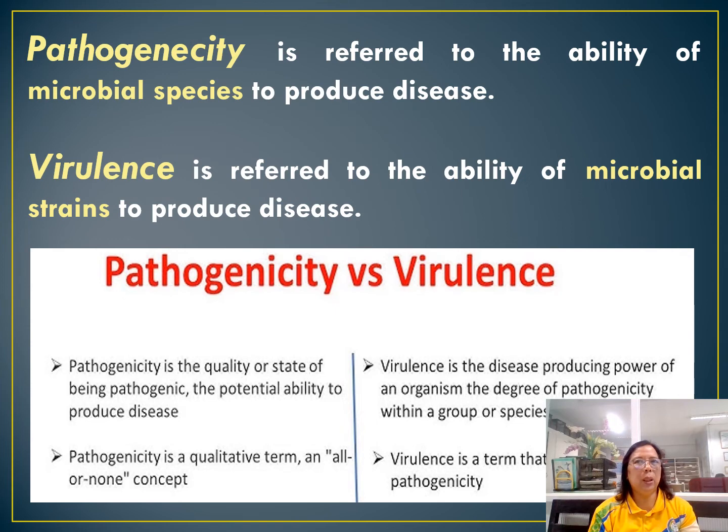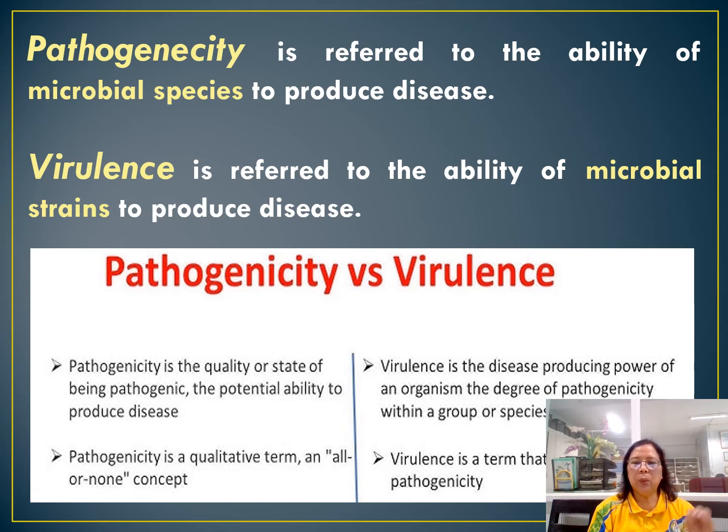This COVID-19 period, maybe you were able to hear 1,000 times or 1,000,000 times already the word virulence. Virulence refers to the ability of a microbial strain to produce a disease.